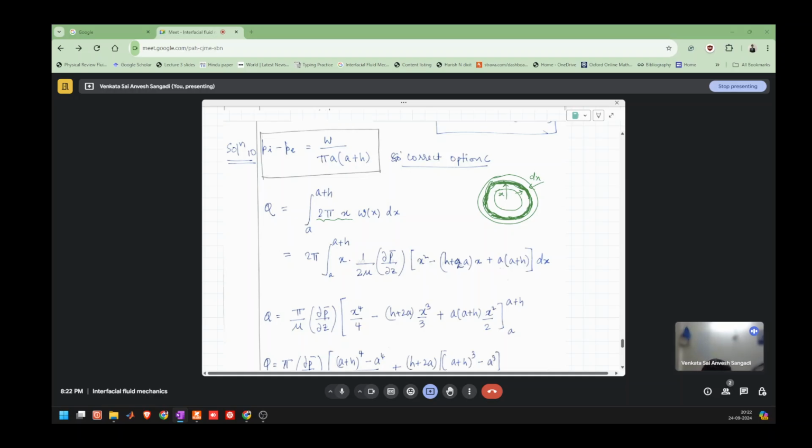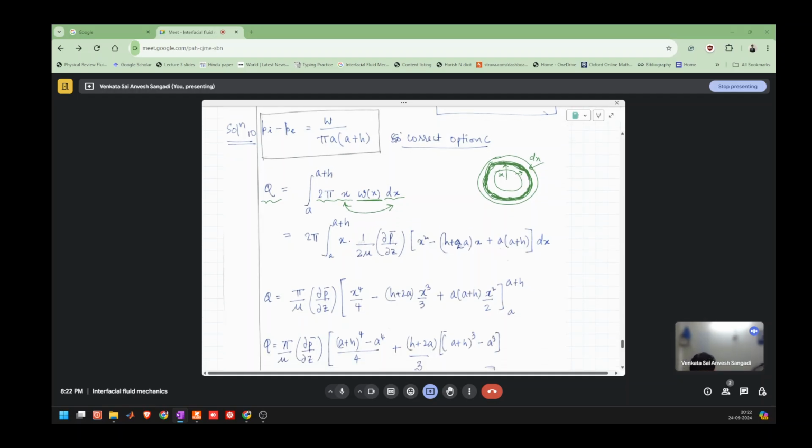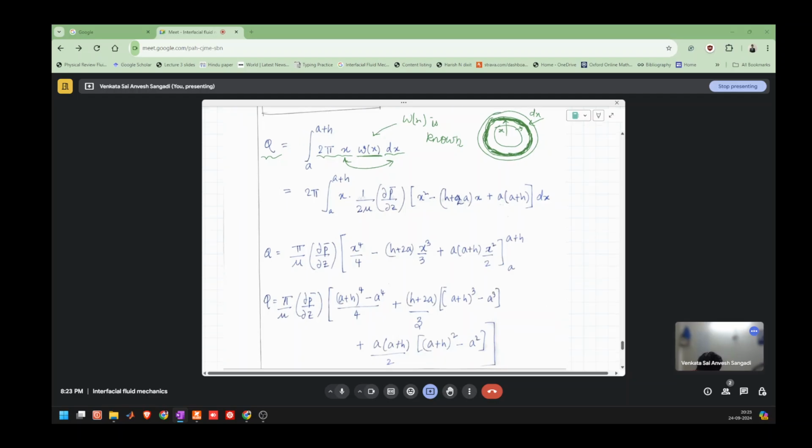So the area is 2 pi x dx and w of x is the velocity. Therefore, this gives us the volume flow rate. Since we already know w of x, we substitute w of x into the equation and integrate from a to a plus h.